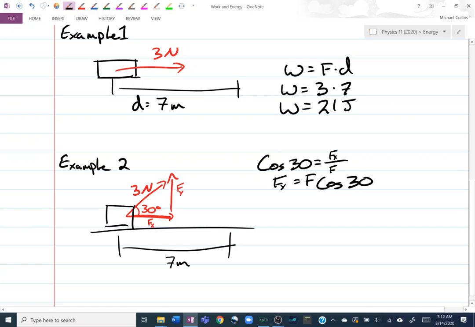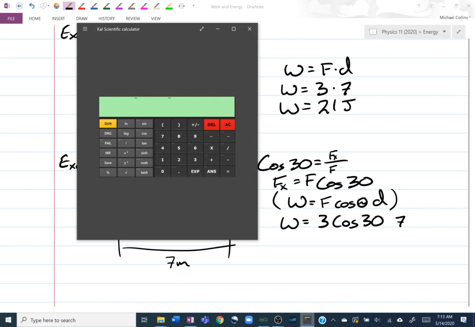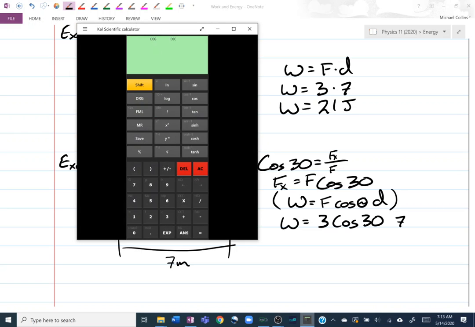And if we want to generalize this a little bit, which I can put in brackets, that means that work is going to be equal to F cos theta d, where theta is the angle between that displacement and the force. In this case, we had work is equal to 3 cos 30 times my displacement, which is 7. I haven't pre-done any of the calculations this time, so I'm going to have to type it into my calculator. 3 times cos 30, close the bracket, times 7.